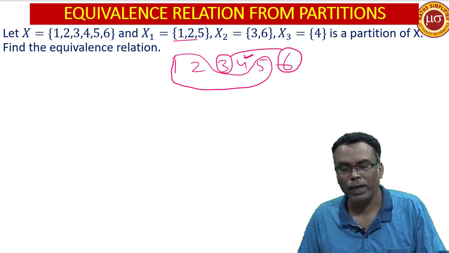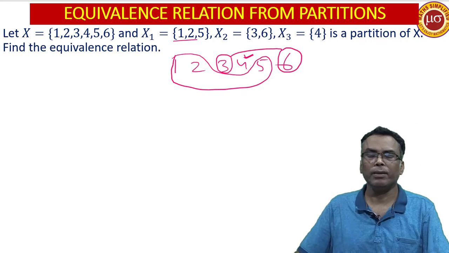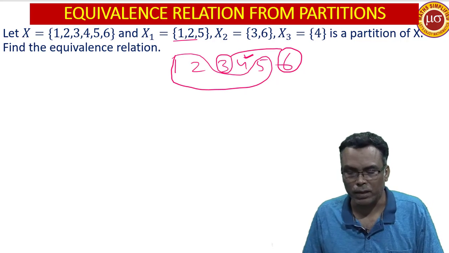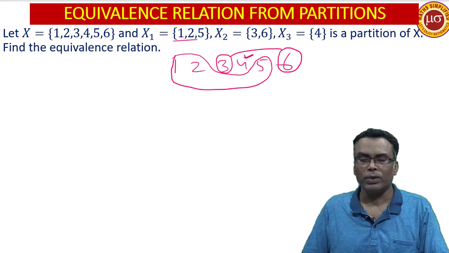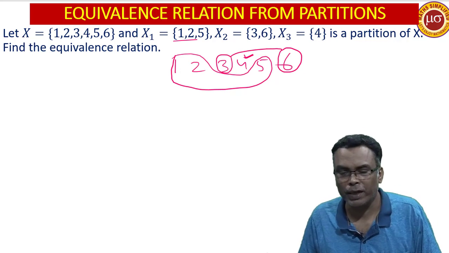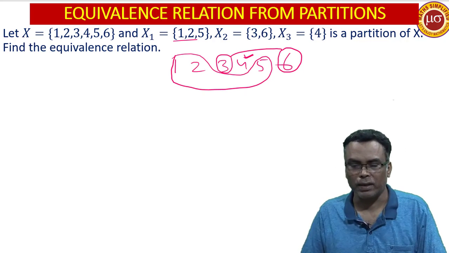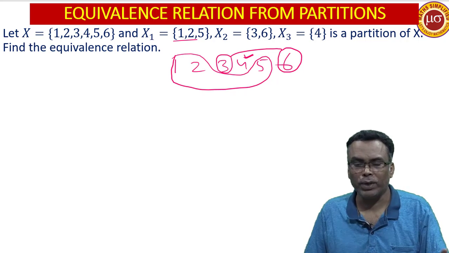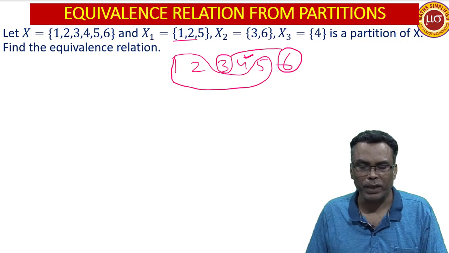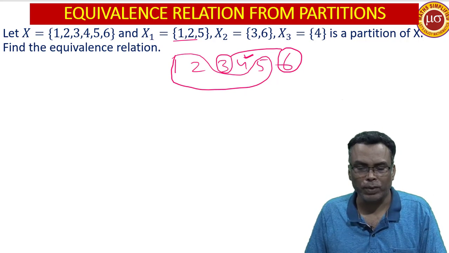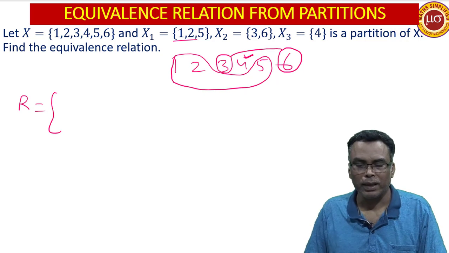In an equivalence class, every element is related to each other, and two elements from two different equivalence classes are not related to each other. Now how do we get the equivalence relation from the partition of X?